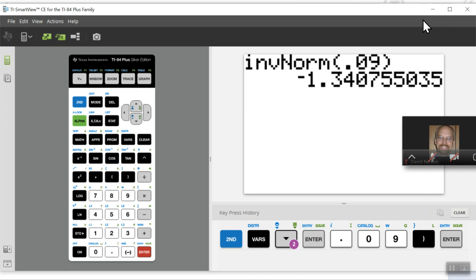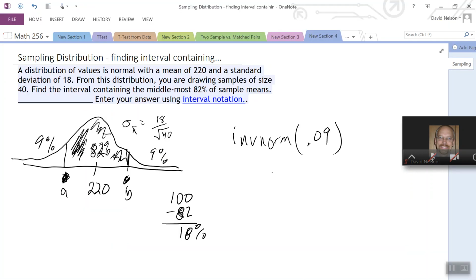The normal distribution is also nice and symmetric, so you can also know that A would be a negative 1.34, and this B value should be a positive 1.34.